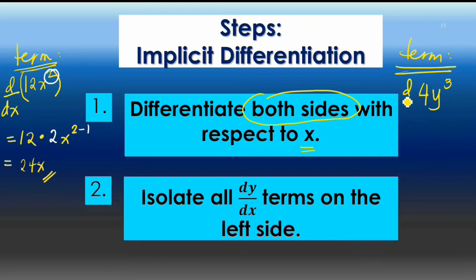What are you going to do if you are going to differentiate it in terms of x? As you can see, there's no x here. If there is no x here, with a constant multiple, we're just going to apply the general power rule.